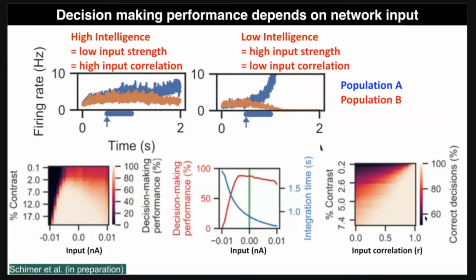And we see that by increasing the input correlation in the system, we can increase the performance of the system. So white means there are 100% correct decisions, and black means that the performance is poor. If we now choose an intermediate contrast, let's say 2.6, just by changing the network input correlations, we can move the system from poor performance to excellent performance.